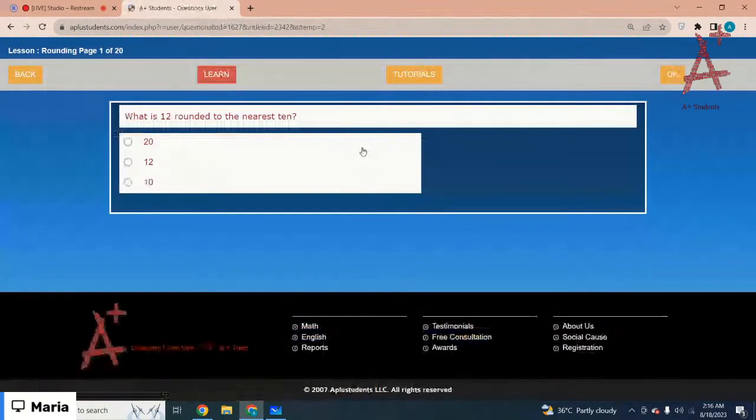Okay, what is 12 rounded to the nearest 10? Which is the correct option? You have to round 12, right? The digit that is at the tens position is 1. Yes, very good. It would be rounded off to 10. So the correct option is 10.